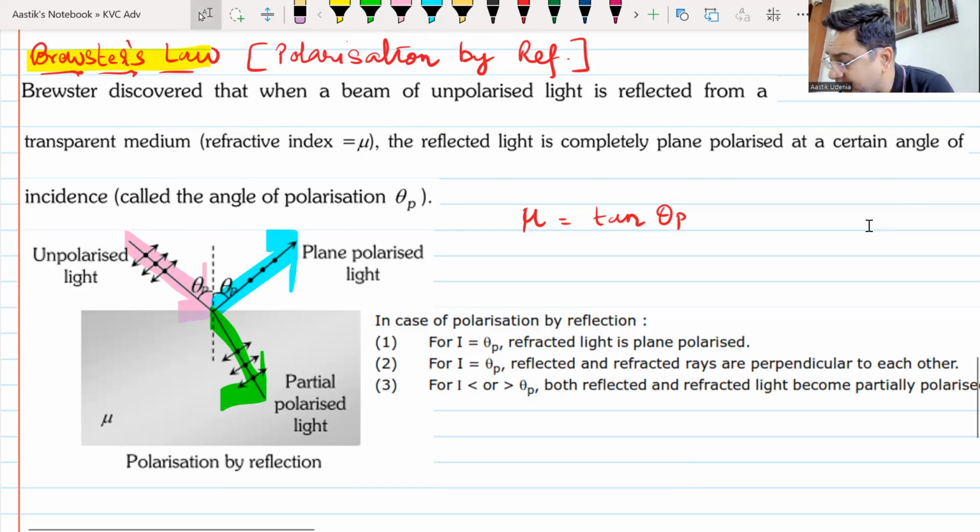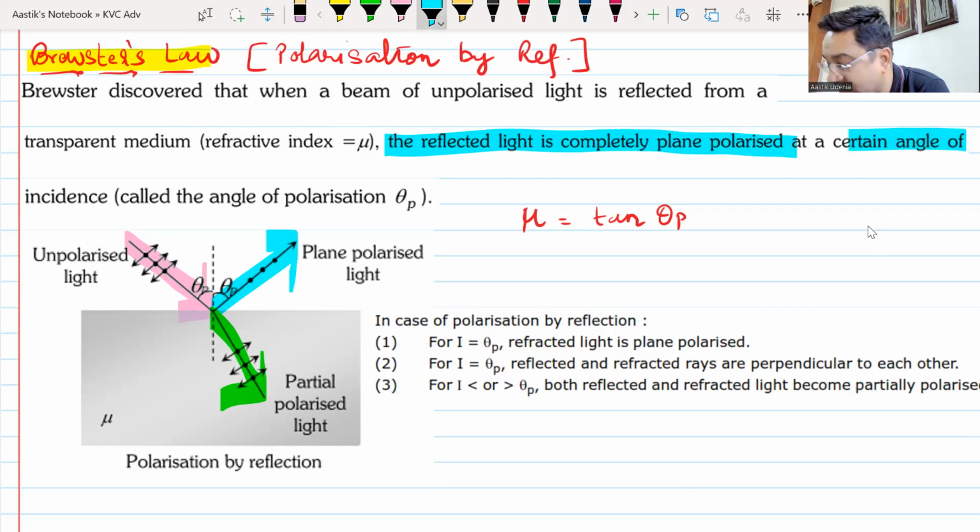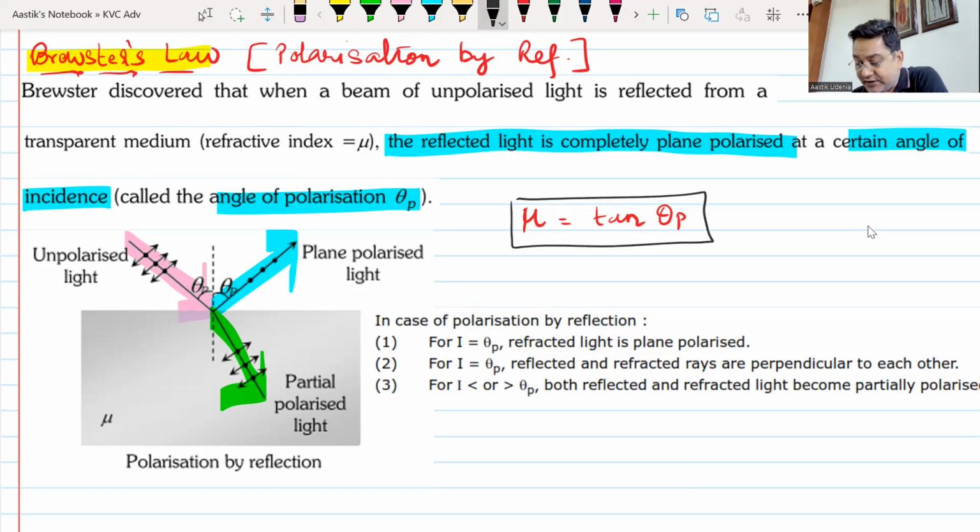He found out that at a particular angle of incidence, which is known as the Brewster angle, the reflected light is completely polarized. That angle of incidence is known as the angle of polarization or Brewster angle. And he gave this law by a simple analysis that mu, the refractive index of that material, would be equal to tan of the Brewster angle.